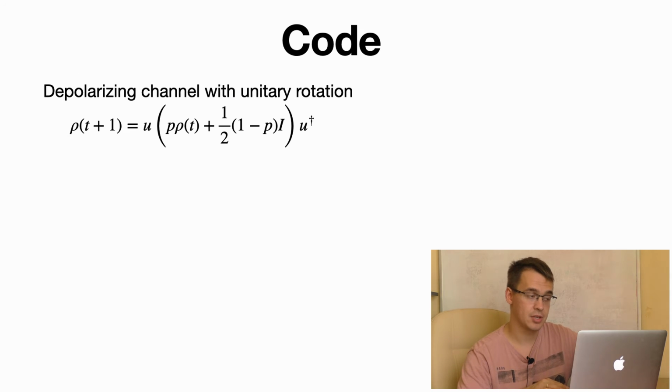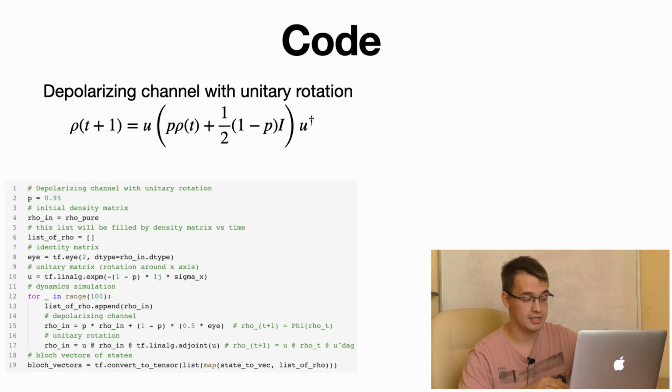Now let us play with code and consider an illustrative example of the polarizing channel with unitary rotation. The dynamics of a density matrix under the action of this channel is represented on the slide, and one can code these dynamics up using TensorFlow and calculate the dynamics of a qubit under this channel for 100 time steps.